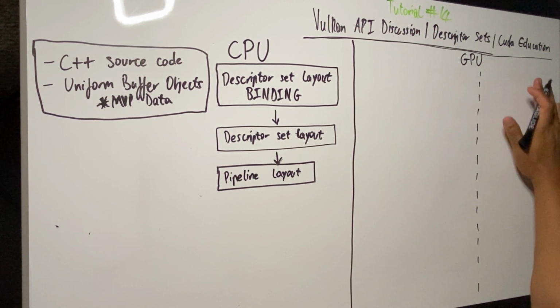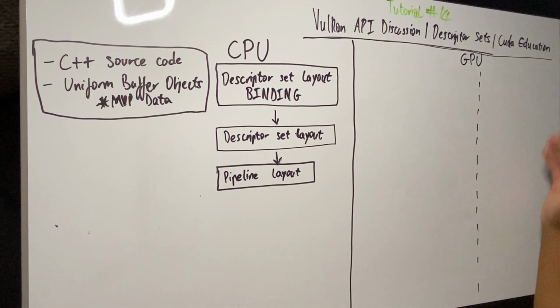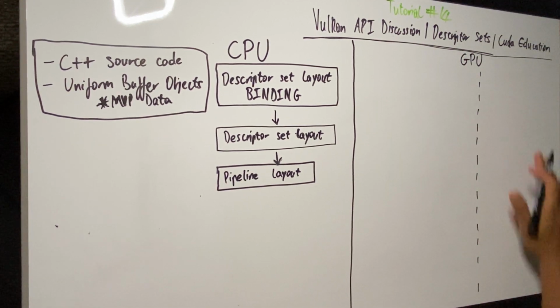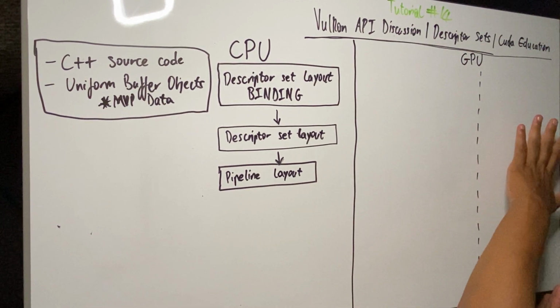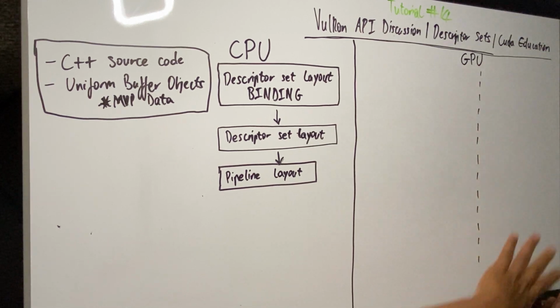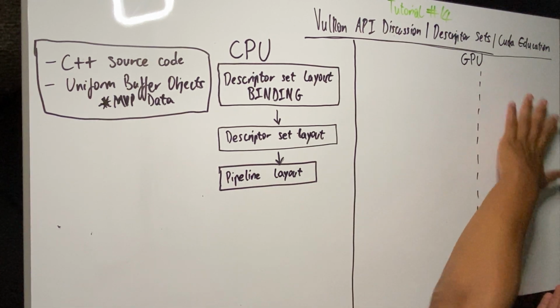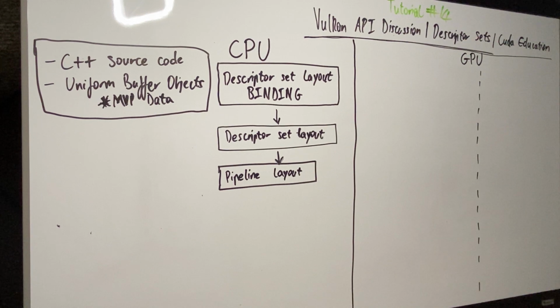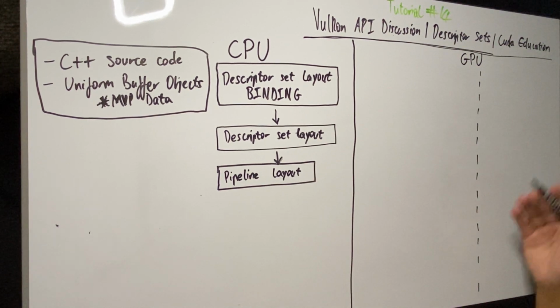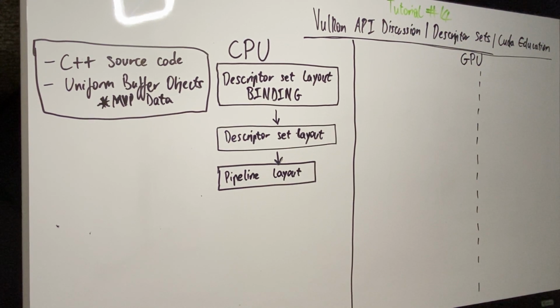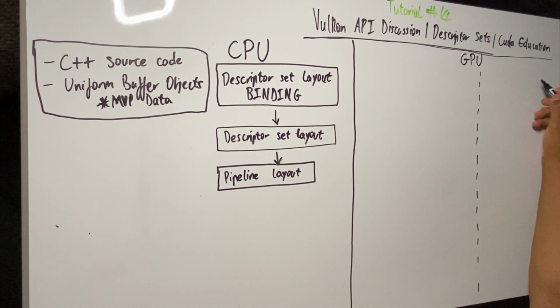On this side of the GPU is everything that Vulkan can see. Anything on this side of the GPU, or that eventually points to this side of the GPU, Vulkan can see. I will make an important consideration at the very end, but I'm not going to say it right now.